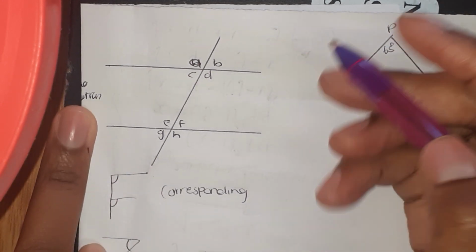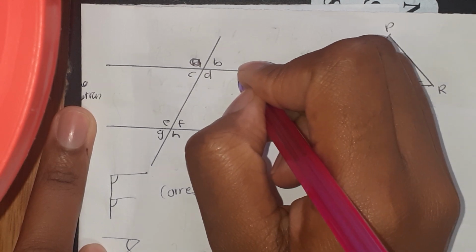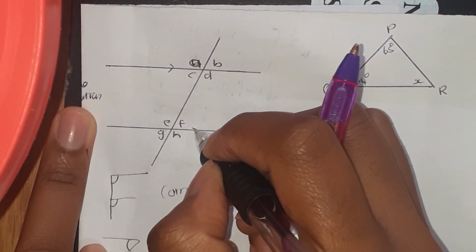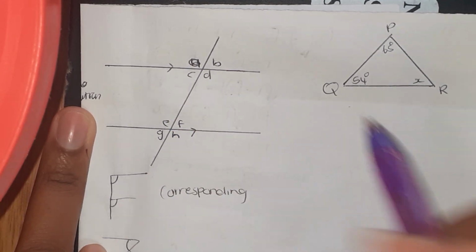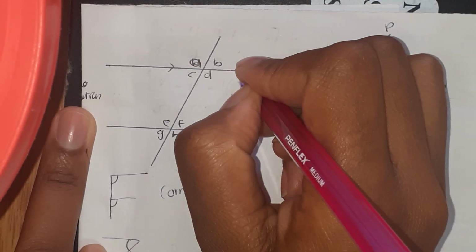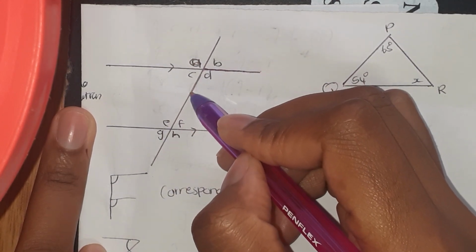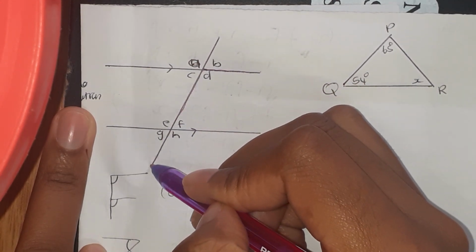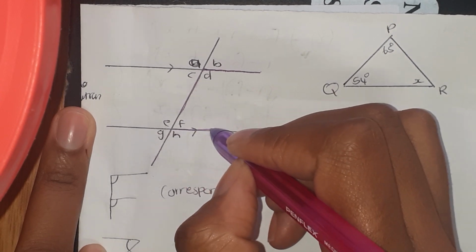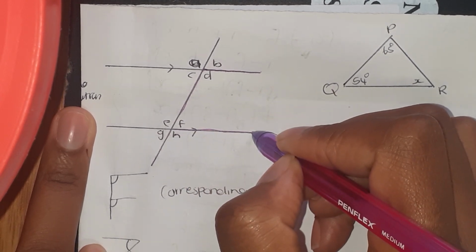Now we're going to look for corresponding angles. When you draw, these are parallel lines, right? Corresponding angles are found in parallel lines. So you can go here and then go down like this, and then down. This is an F. Can you see that?